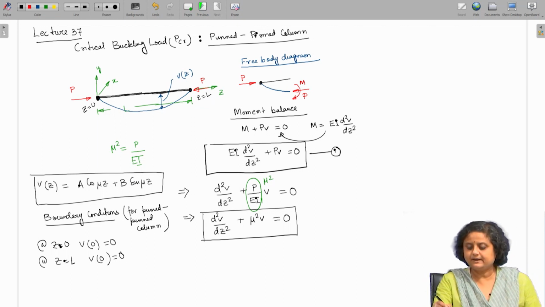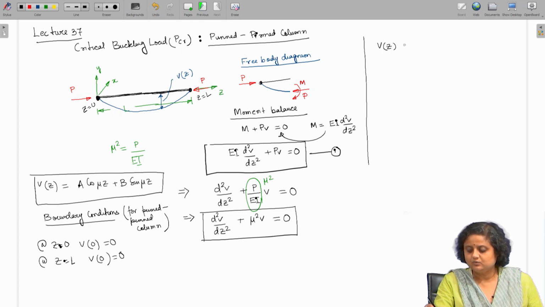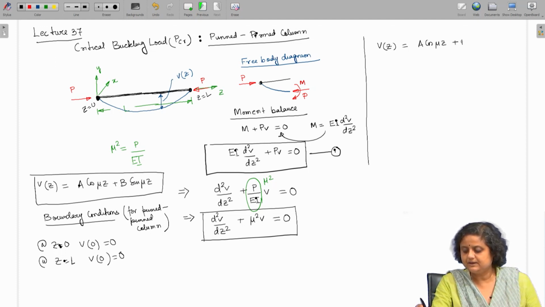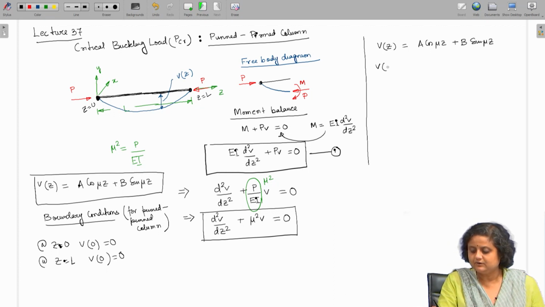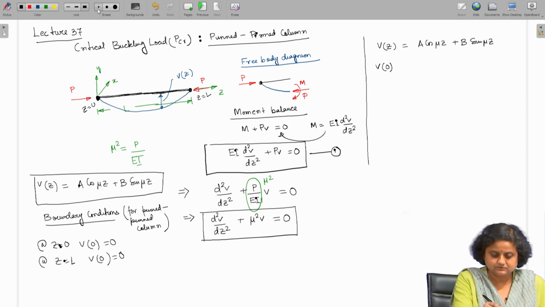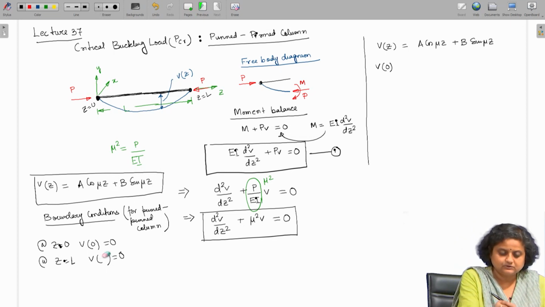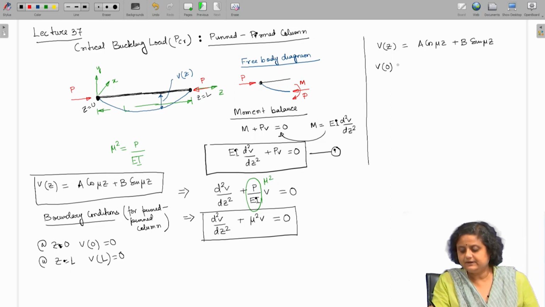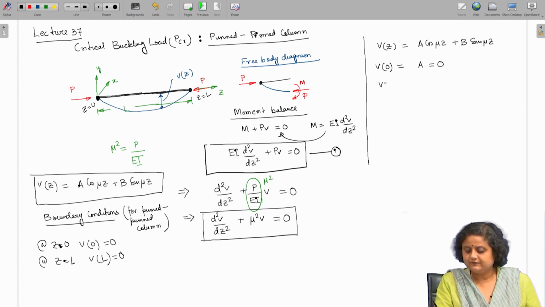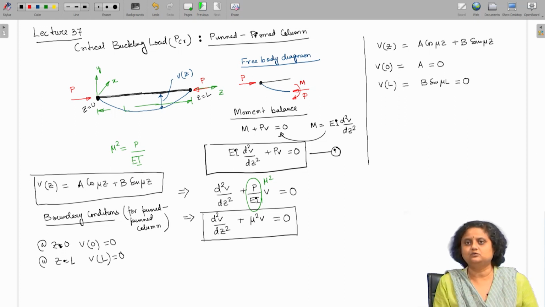Now, if we implement these two boundary conditions, then we have V(z) equal to A cos mu z plus B sin mu z, and therefore V(0), sorry, this is a mistake, this is going to be V(L). So, V(0) is going to be A, and that is equal to 0. Now, V(L) therefore is B sin mu L, and that also has to be equal to 0.